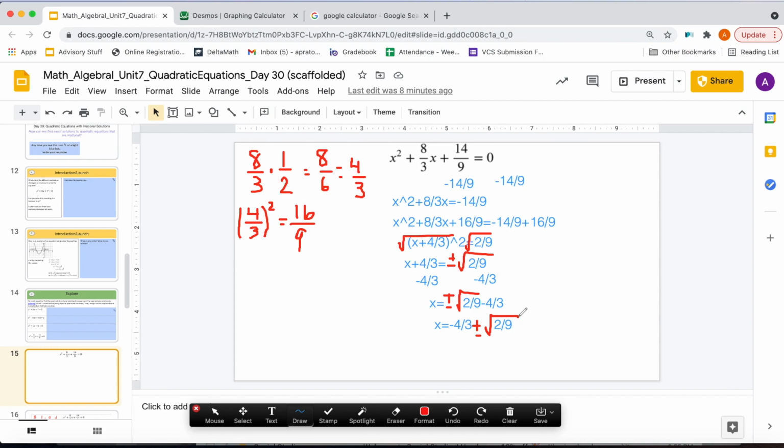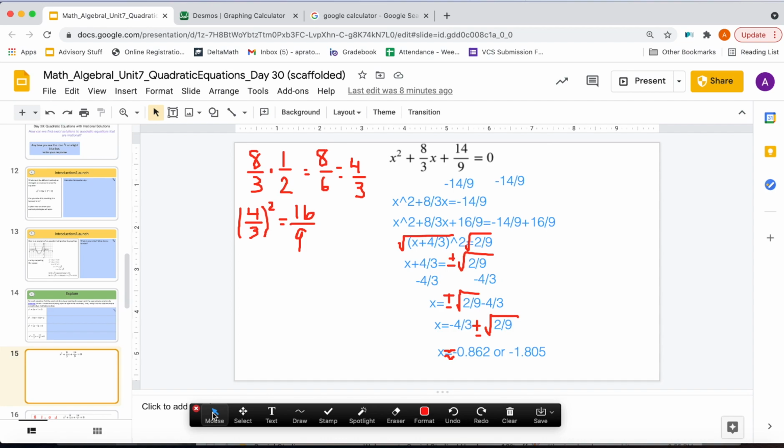So we can go on the regular calculator. You can go on a Google calculator. You can type this into the calculator, and you're going to get two approximate solutions. x equals negative 0.862 or negative 1.805. And I'm going to actually draw little squiggles here because that tells me it's approximately that.